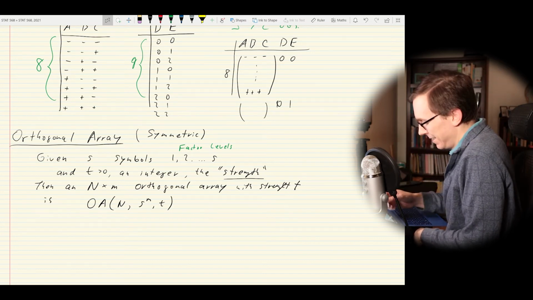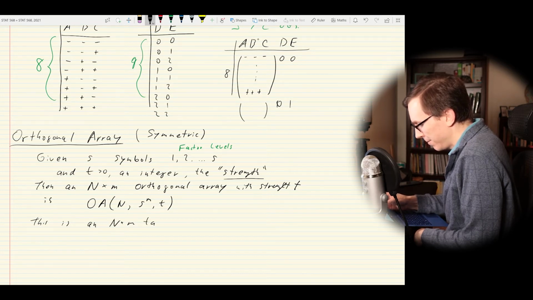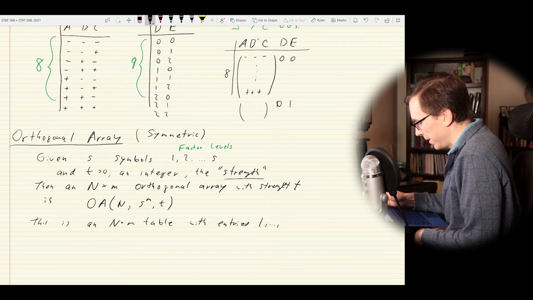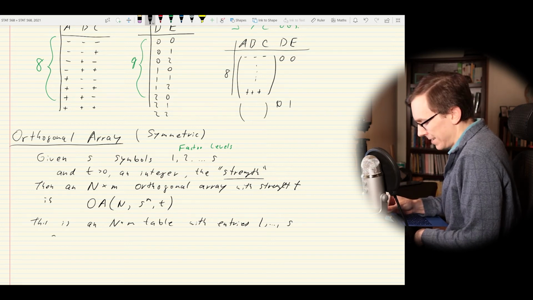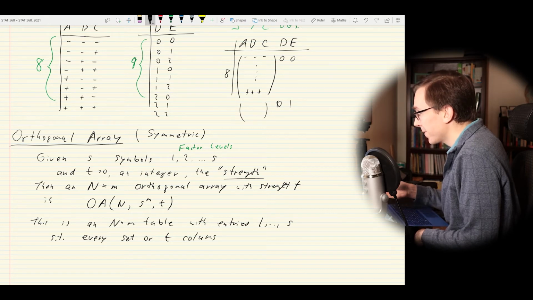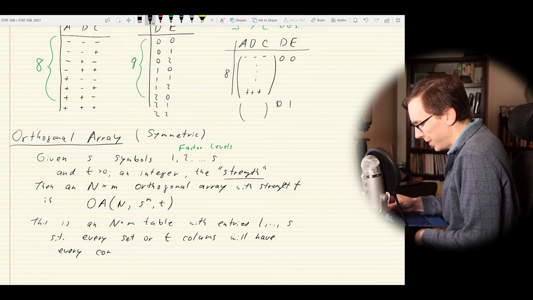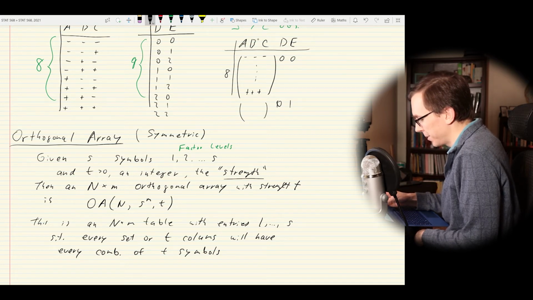Well, the idea is that this is an N by M table with entries 1 through S, such that every set of T columns will have every combination of T symbols, I guess, occurring an equal number of times.